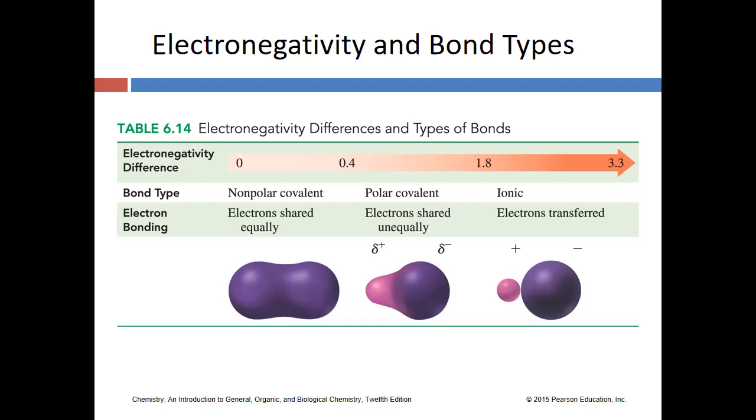When polarity is introduced, we usually see a distortion starting to take place, where there's an end that is bigger, that has the higher electronegativity, the negative charge, and a side that is smaller, where the electrons aren't as prominent. And eventually, that leads to a separation.